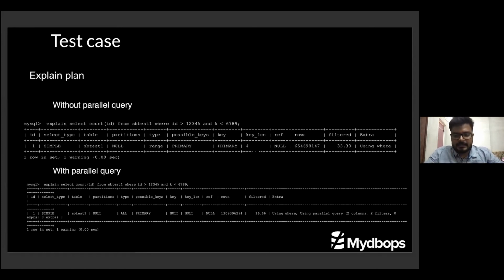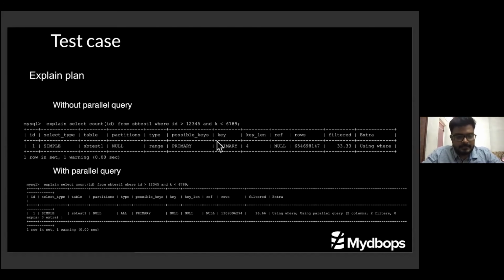Basically, we need to know whether the parallel query is being utilized or not. By seeing the explain plan, we can see whether the parallel query is utilized for that query. In the explain plan, you can see two sets of explain.